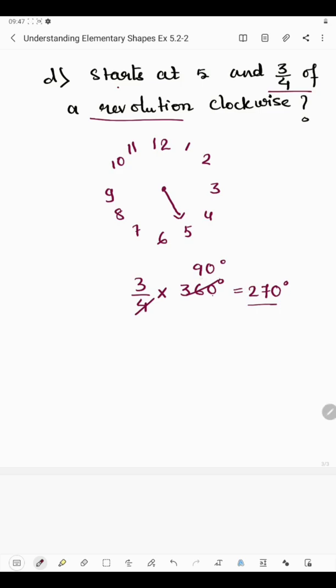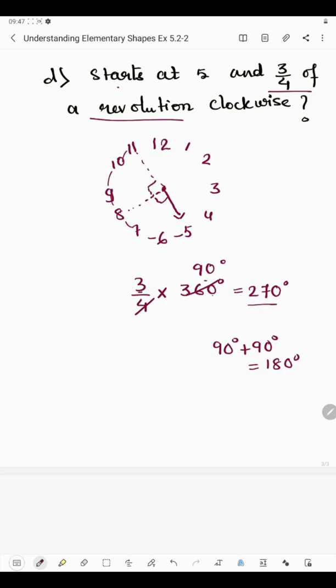So 3 times 90 makes 270, so we know that after every 3 hours it makes 90 degrees, and 2 times 90 makes 180 degrees, that means a straight line, right? Now 1, 2, 3, so here is 90 degrees. So 5 to 8 makes 90 degrees. Then 8 to 11, here also 90 degrees.